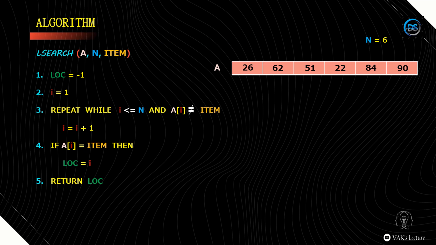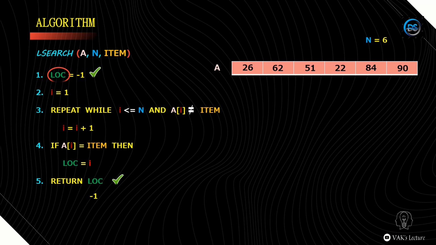Also, we took a local variable here named LOC for the location. That is the location of the item we have to search for. So the index of the location where we will find it will be returned. And we define the local variable as -1. -1 means that the searching process is unsuccessful. If we don't find the item, then it will return -1.